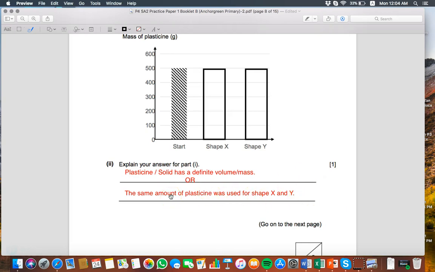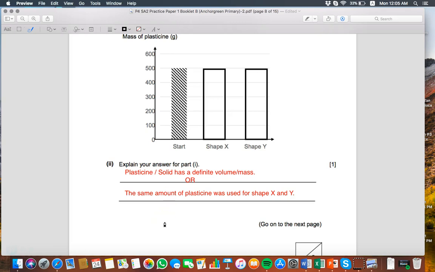If you have the second answer but I marked you wrong, please mark it as correct. I know the second answer doesn't have any science concept, but I guess it makes sense. So we decided to give the second answer as correct. But the best answer will be using science concept to explain your observation. Solid has a definite mass. Solid has a definite volume. That would be the ideal answer.